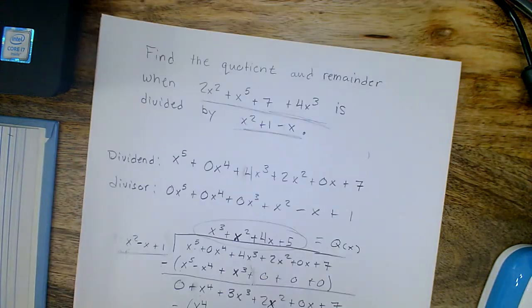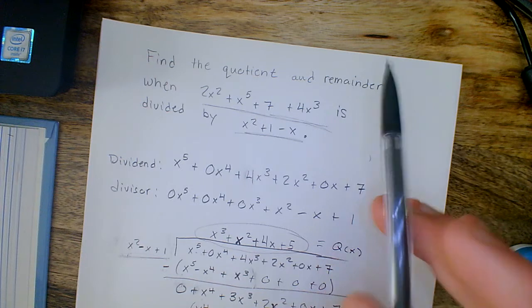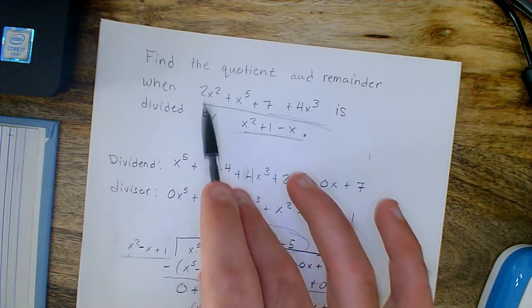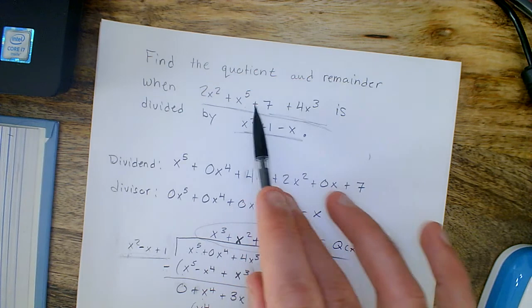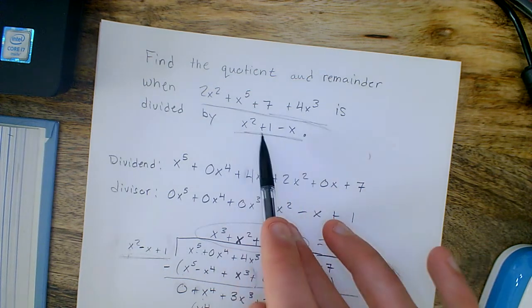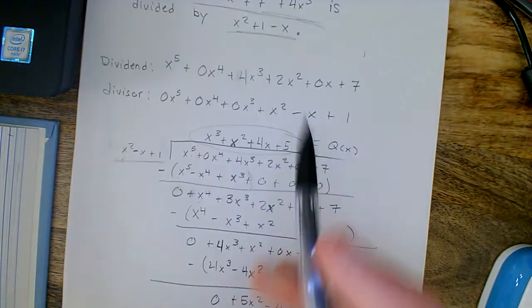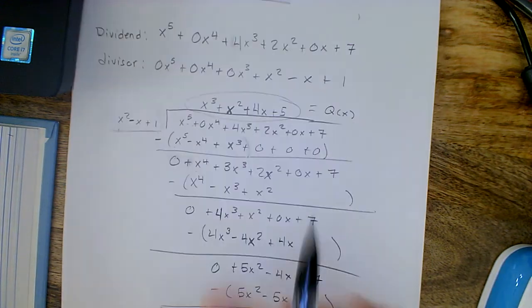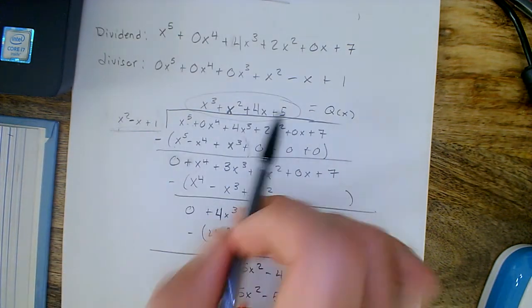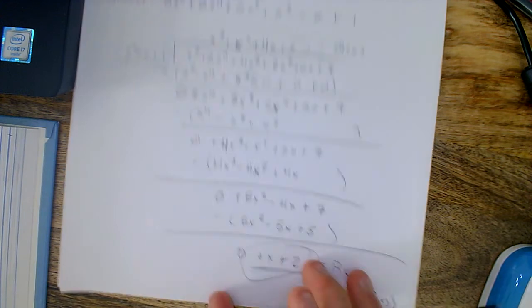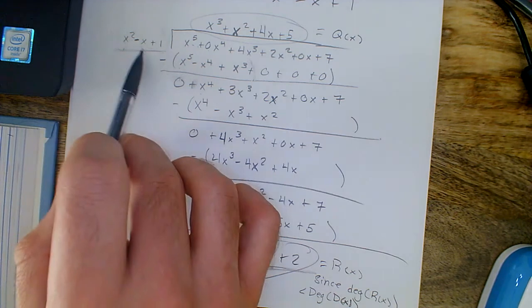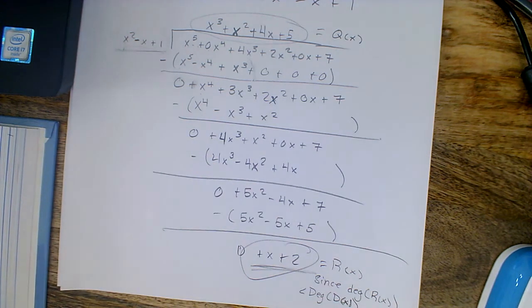So to answer the question, it said find the quotient and the remainder when you divide x to the fifth plus 2x squared plus 4x cubed plus 7 by x squared minus x plus 1. The quotient is x cubed plus x squared plus 4x plus 5, or in other words, what you get on top of your long division symbol. And the remainder is what you get left over when the degree of the polynomial is less than the degree of the divisor.